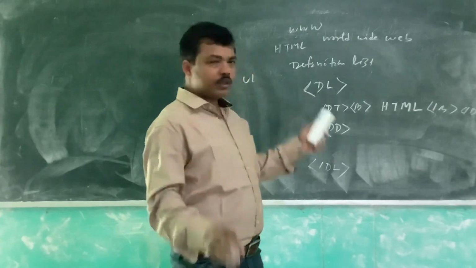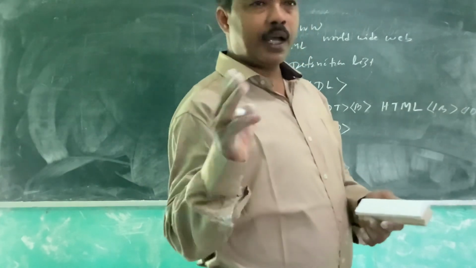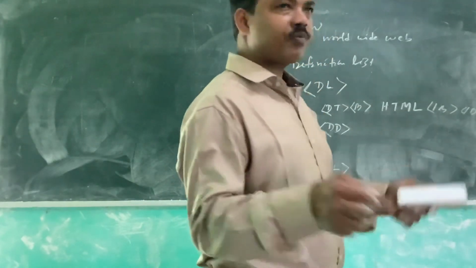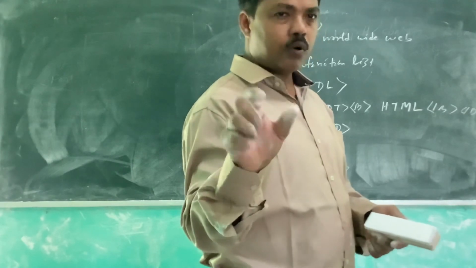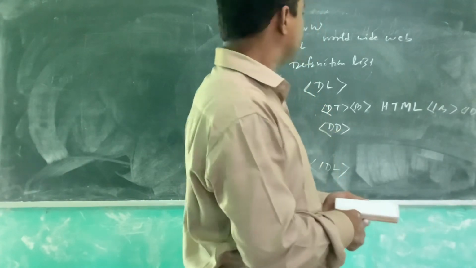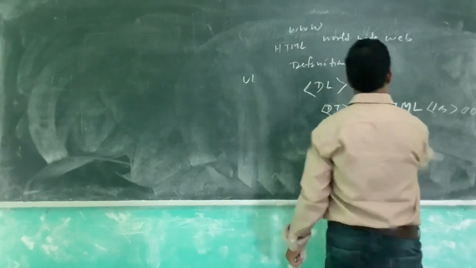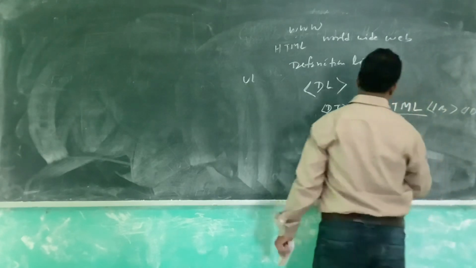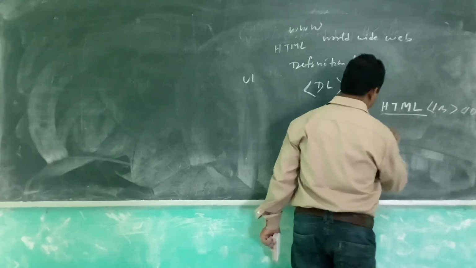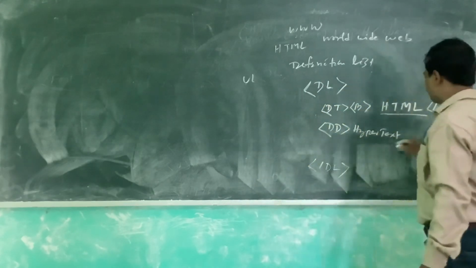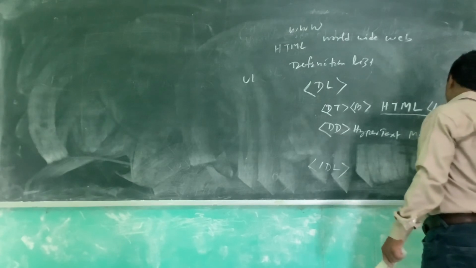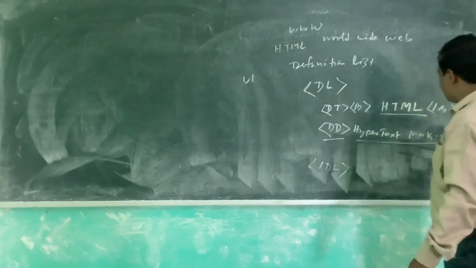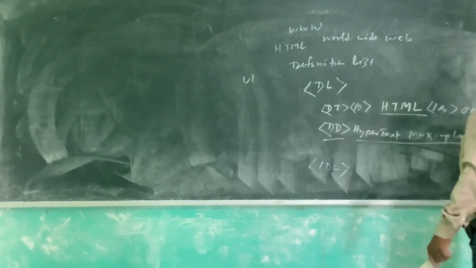I am telling you three tags are required to create the definition list. First use DL, then to show the term you want to explain, the term will be written between the DT tags, and its definition, that is Hypertext Markup Language, or anything you want, must be enclosed between DD and slash DD tags.